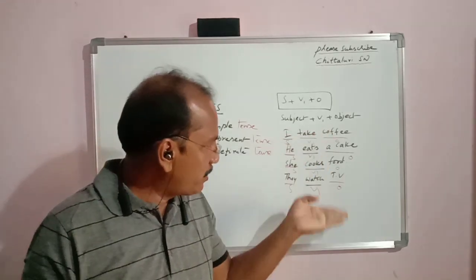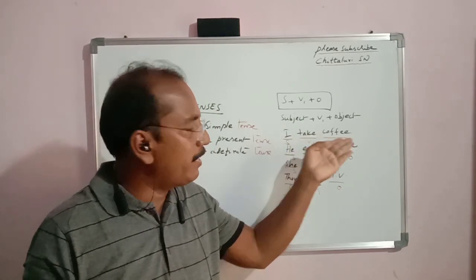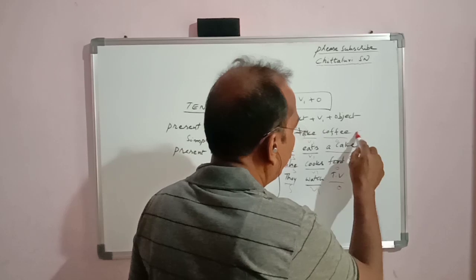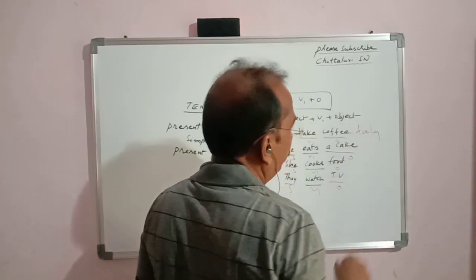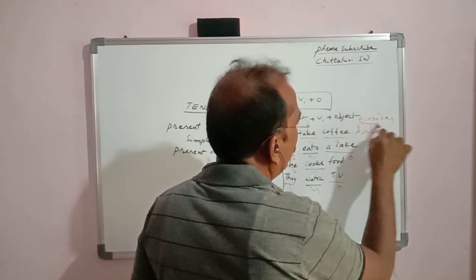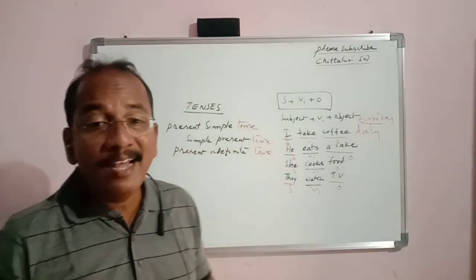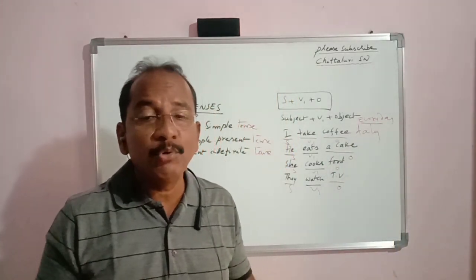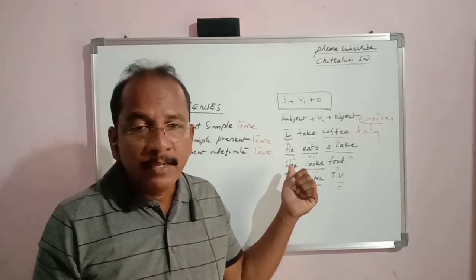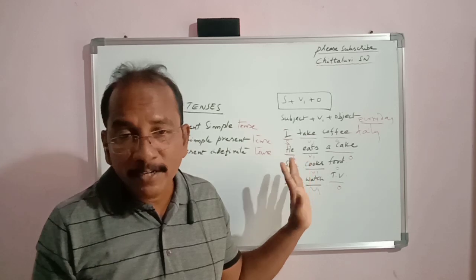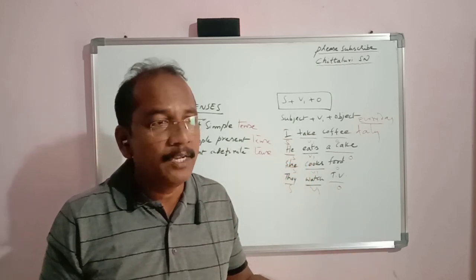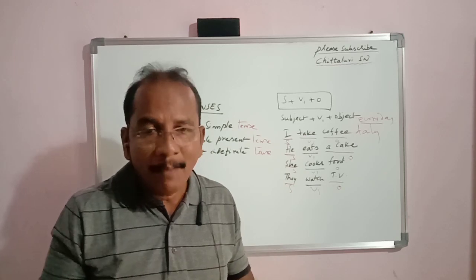But what's the exact meaning of this sentence if I say I take coffee daily? If you write here, I take coffee daily, or I take coffee every day, all of your daily activities are mentioned in a simple present tense form. That's what you should remember. I take coffee every day means taking coffee is my habit.